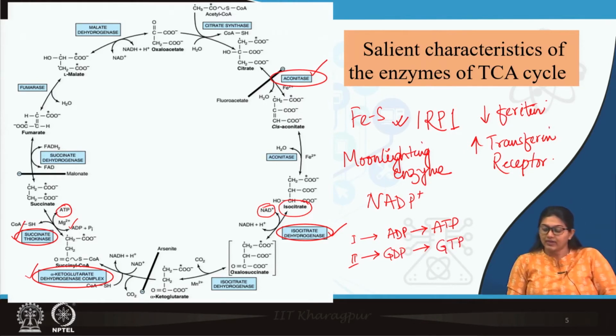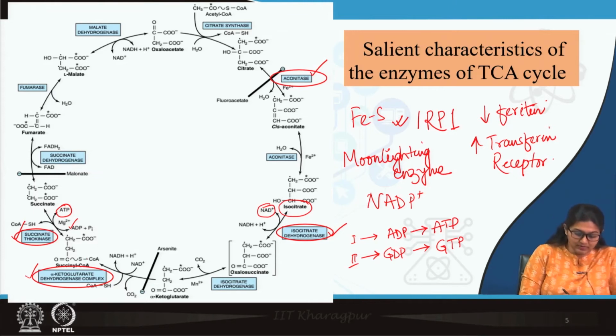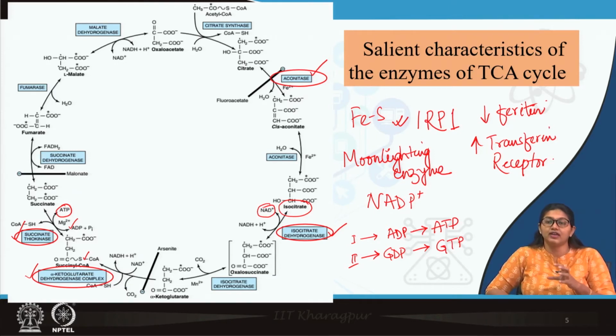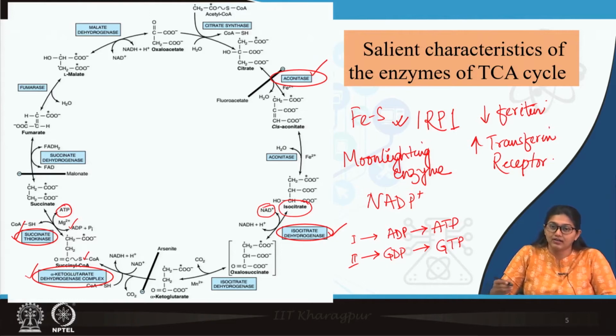So, both have high energy phosphate bonds, and actually this thioester bond is hydrolyzed to form these energy currencies like ATP or GTP. Now, the important thing is whatever the isoform present in the TCA cycle, the final product is ATP.